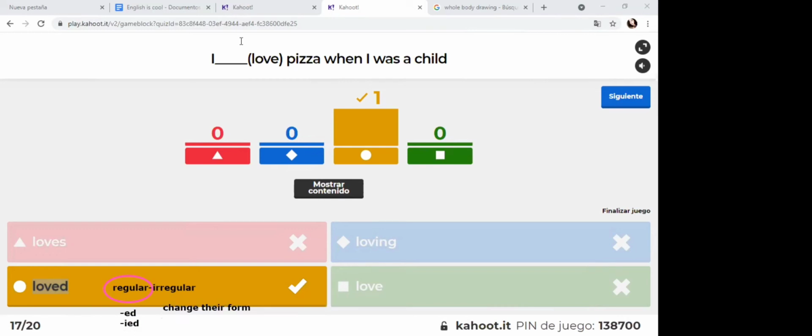For example, regular verb, loved. Irregular, for example, this one, see. What's the past simple of see? Saw. So as the movie. ¿Han visto esa película? Have you ever seen that movie?